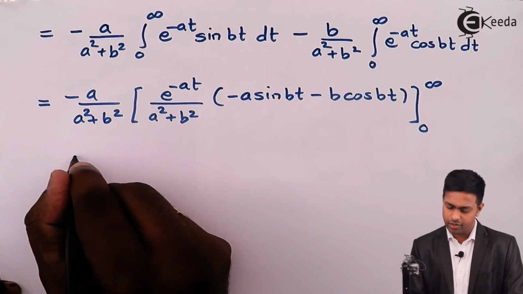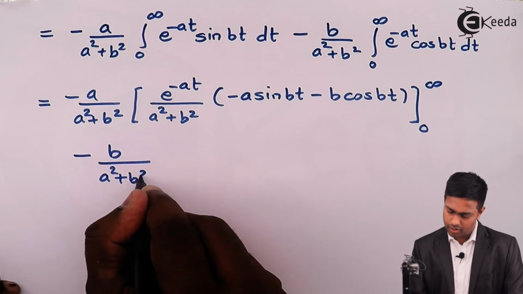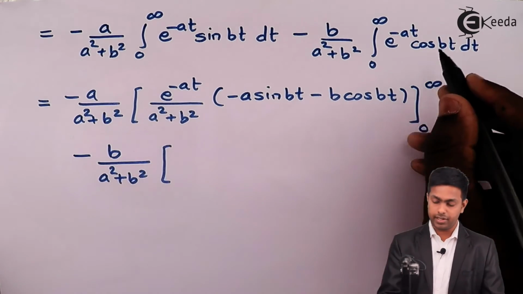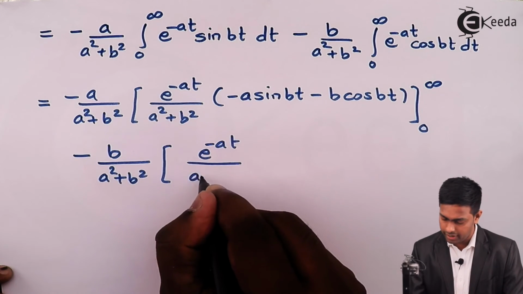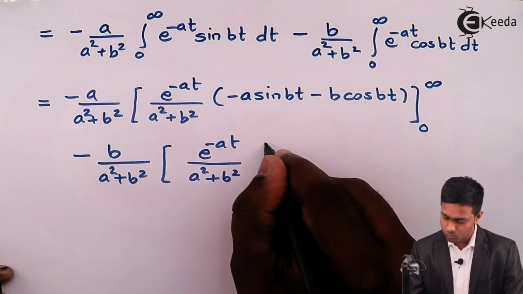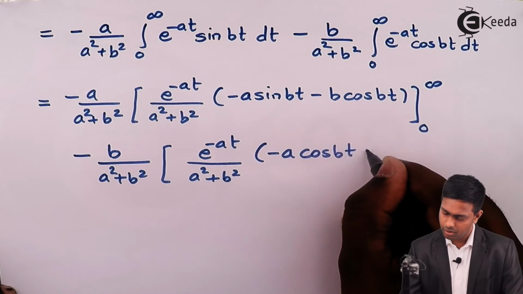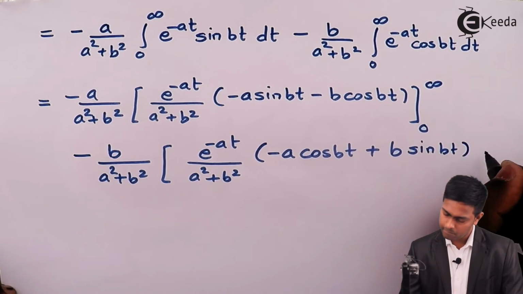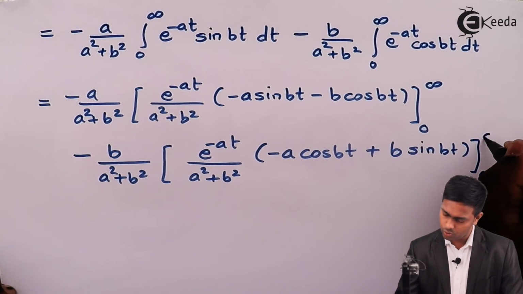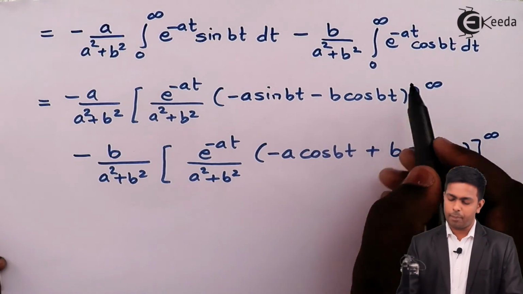Similarly for the second term we'll get minus b upon a square plus b square, by applying the property, e raised to minus at upon a square plus b square, here minus a cos bt plus b sine bt from 0 to infinity.